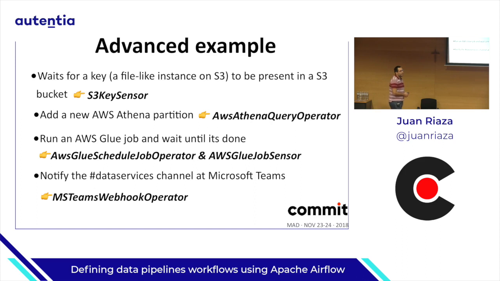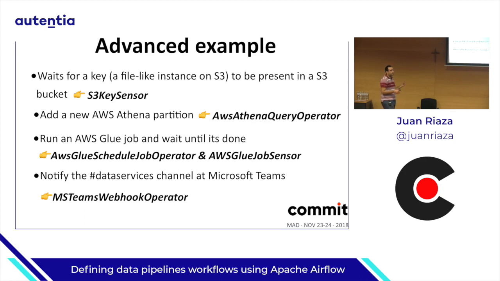So let's do a more advanced or complex example of a DAG. So let's wait for a key on S3. That's a file-like instance to be present in an S3 bucket. Let's add a new AWS Athena partition. AWS Athena, it's like Presto as a service pretty much.